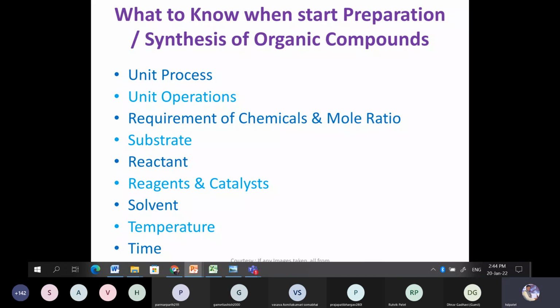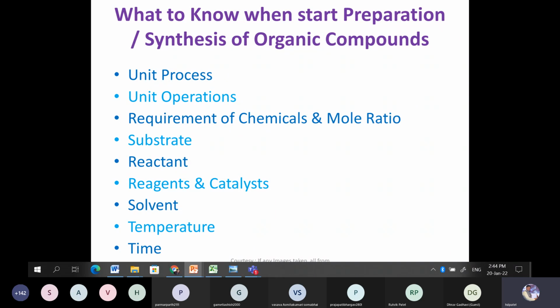Next one is the temperature. For any kind of reaction, the temperature plays an important role. For any reaction we require a particular temperature. The temperature may be 0 degree, maybe 5 degree, 10 degree, 25 degree, 100 degree or greater than 100. But for each and every reaction, we require a particular temperature.